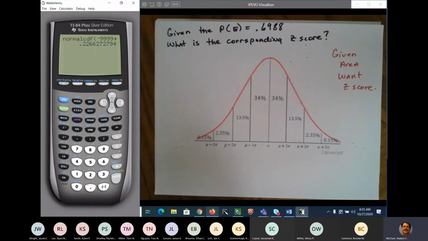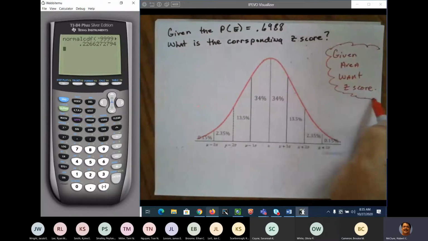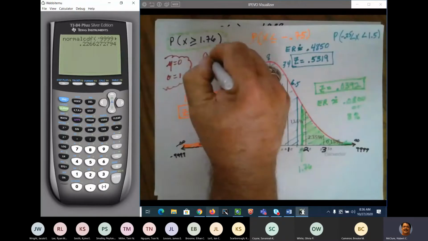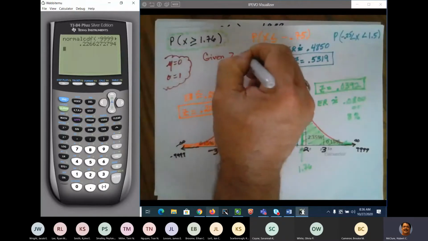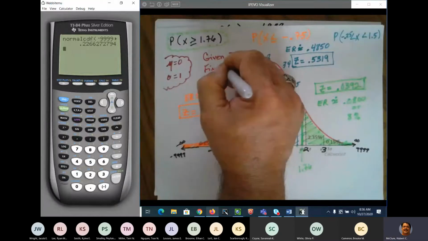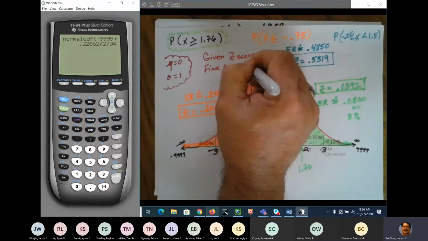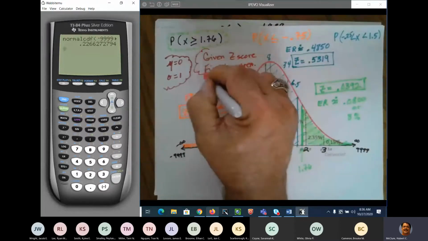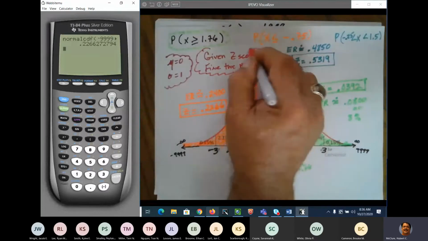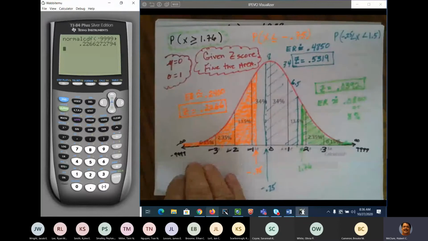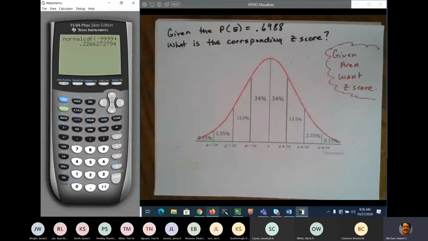They're wanting the z-score. Okay, in the previous problems, they give us, given the z-score, find the area, or find the probability, or whatever, okay? So here they give you the z-score, and you find the area. In this type of question, you're given the area, and they want the z-score.